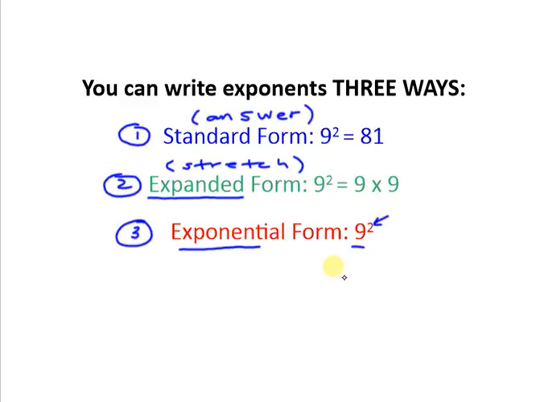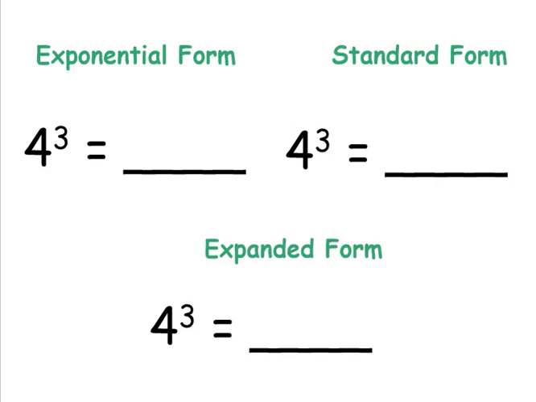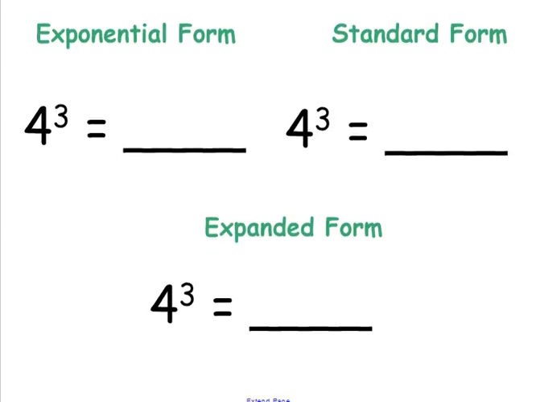And we're going to practice those 3 ways right now with whole numbers, with fractions, and with decimals. So let's take a look at an example with a whole number. In exponential form, we have a base of 4 and an exponent of 3, 4 to the 3rd power. It's already in exponential form for us. I'm going to skip down to expanded form. How do I write 4 to the 3rd power in expanded form?